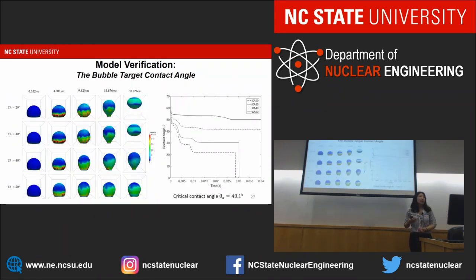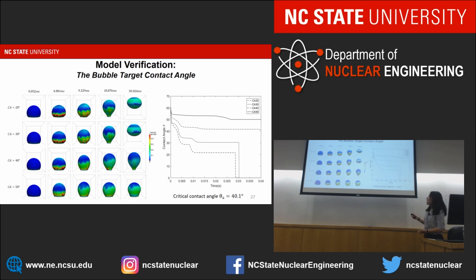And the second test is about the target contact angle. This is another key parameter used in this model. For the target contact angle, we want to know, given a certain target contact angle, is the code able to maintain the same value we gave it? So we have tried 4 different values: 20, 30, 40, and 50.